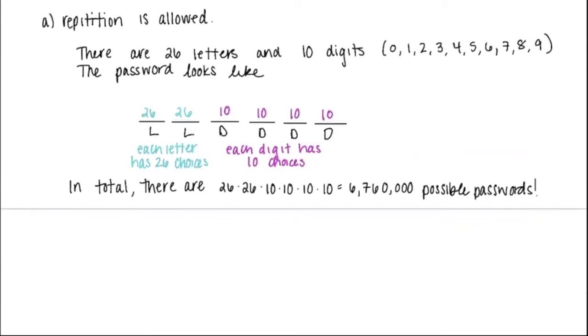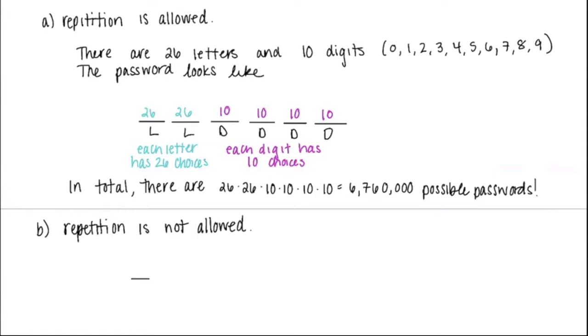Okay. If I add another criteria now that I can't repeat anything, we'll see how that affects it. So repetition is not allowed now. Then we don't have as many because I'm losing some of my options.